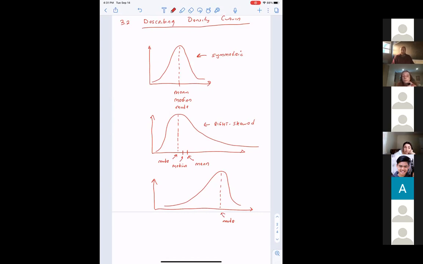Okay, and where is the mean and median for this left skewed density curve? The median would be a little bit from the mode, and then the mean would be even more. Which side, right or left? Left. Okay, so the median is pulled slightly and the mean is pulled more so.